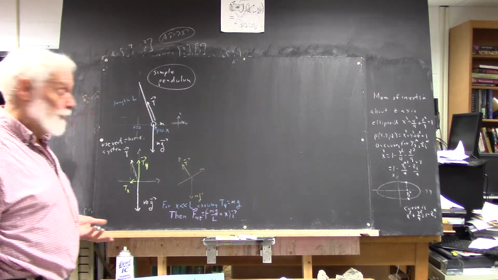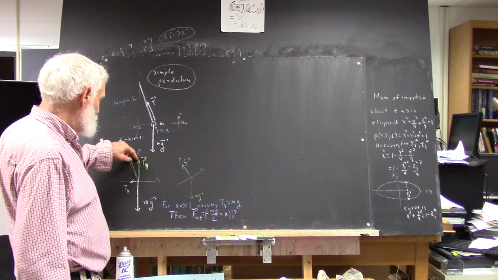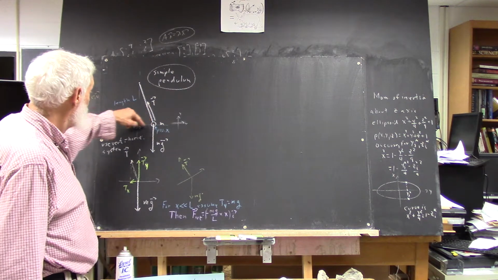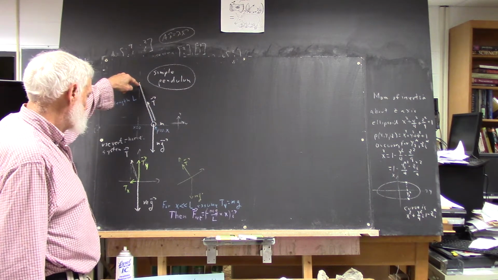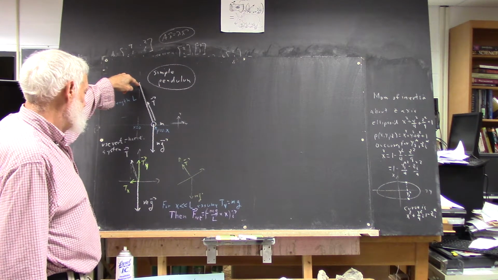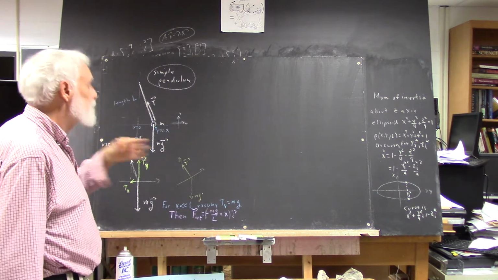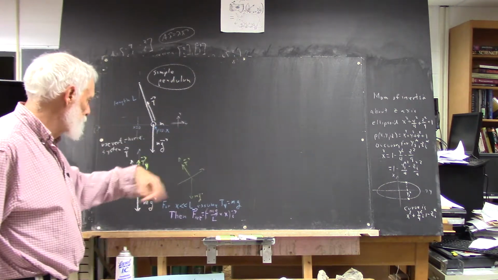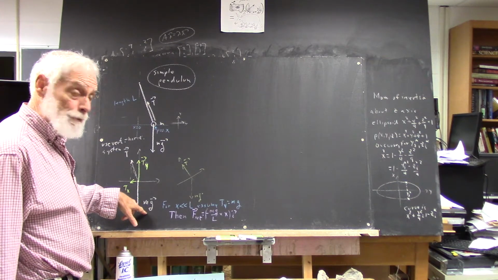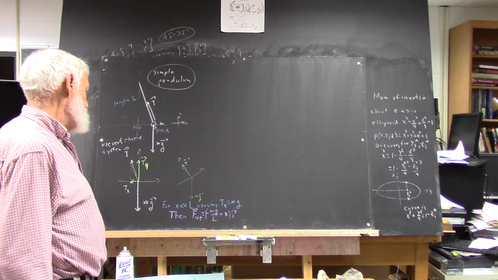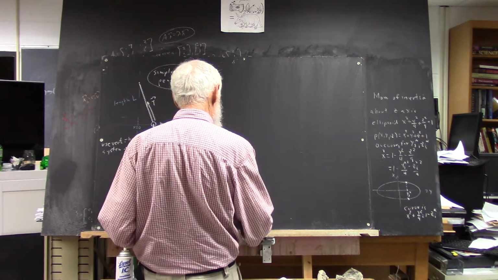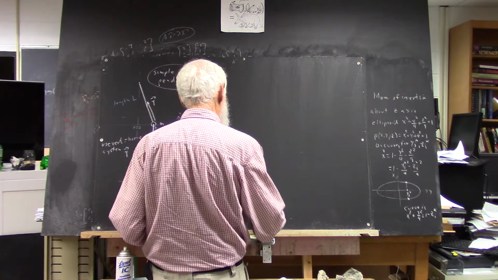Now the details of it are simple enough. If this is equal to mg, this triangle here is, if Ty is equal to mg, and I guess I gotta say that we assume T equals Ty.